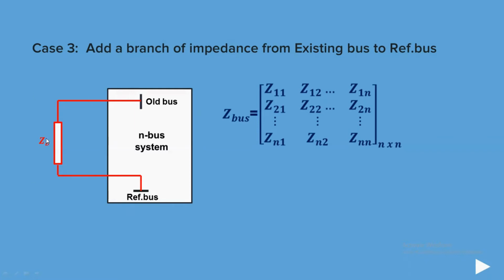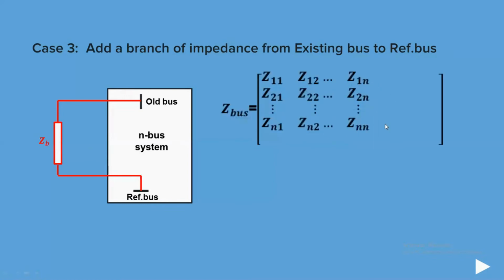Anyway, ZB is added, so modification is required in this matrix. This modification is similar to case number 2. One column increasing, one row increasing.